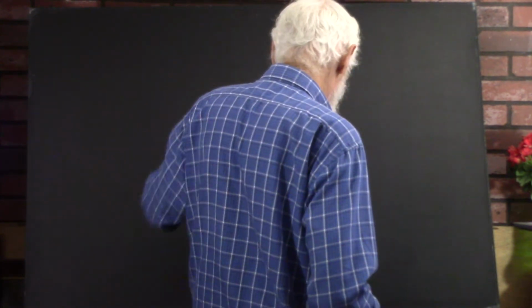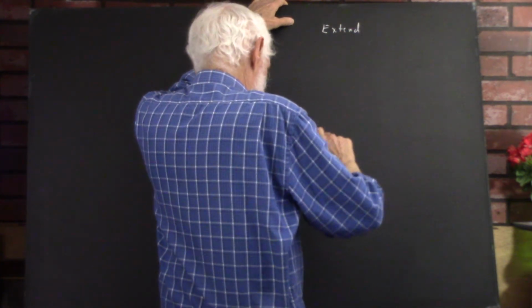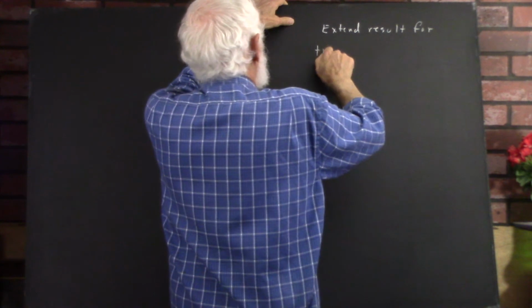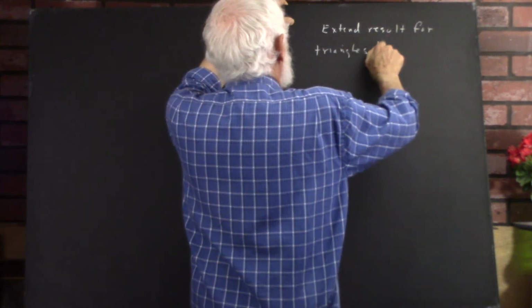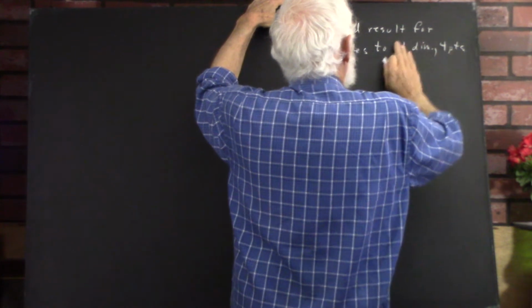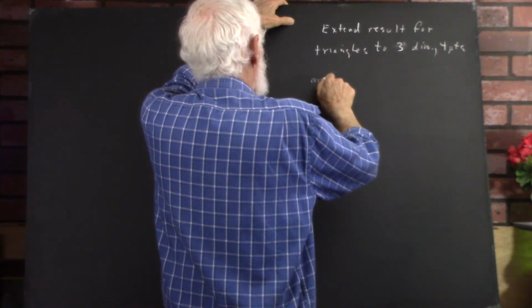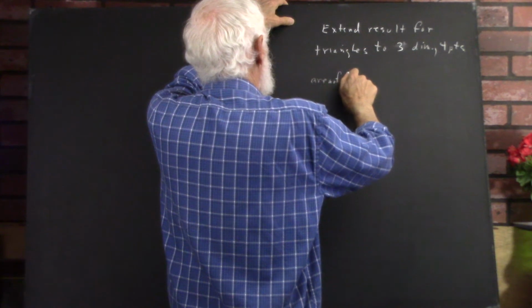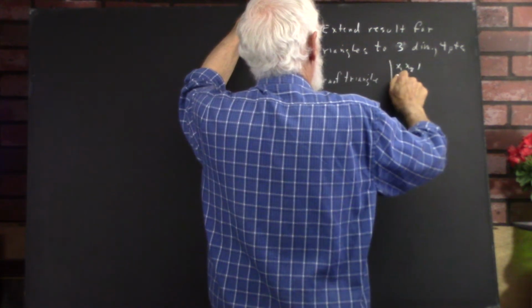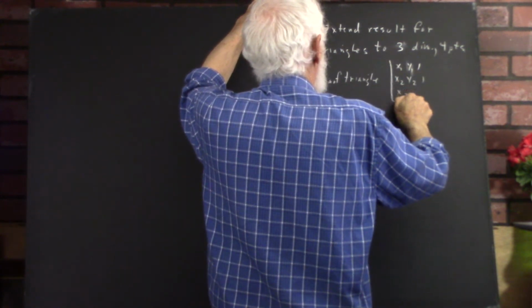So, if we go to three dimensions with 4 points, well, we have the area of the triangle is the determinant of x1, y1, 1, x2, y2, 1, x3, y3, 1.